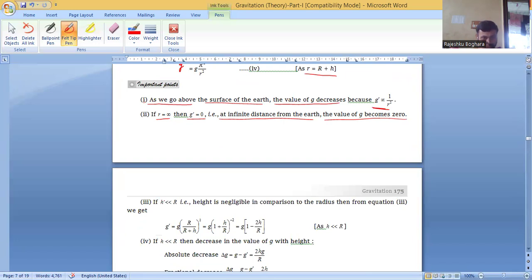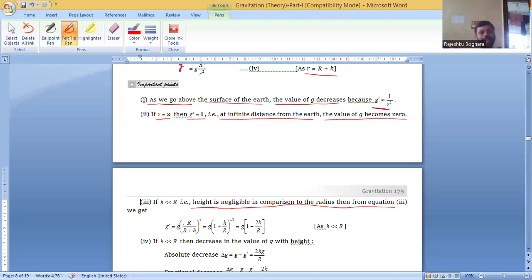If h is very small compared to R, that is, the height is negligible in comparison to the radius, then from equation 3 we get g dash equals g R squared upon (R plus h) squared, so g (1 plus h by R) raised to the power minus 2.